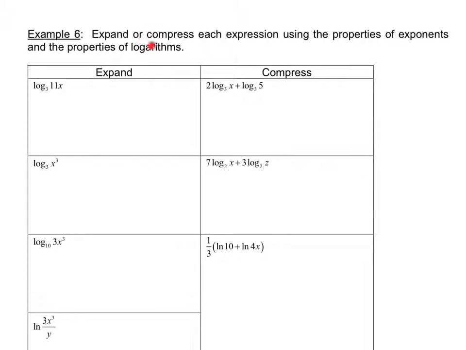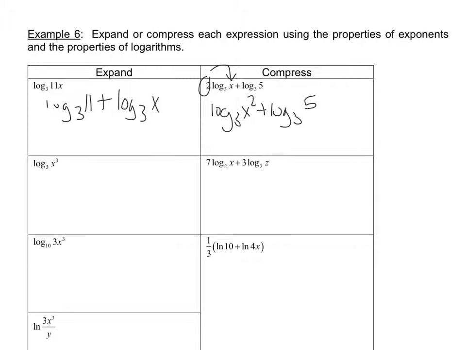Alright, so it says expand or compress each expression using the properties of the exponents and the properties of the logs. So expand this, that means I can do log base 3 of 11 plus log base 3 of x because it's multiplication. Compress, so we want to move this up. So you get log base 3 of x squared plus log base 3 of 5, and then multiplication.